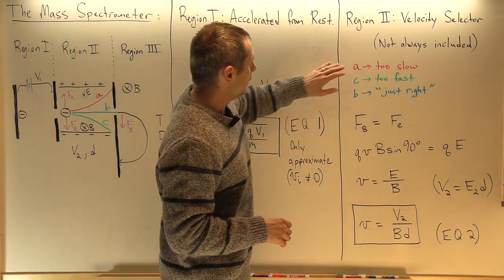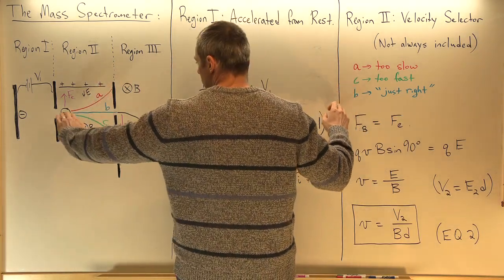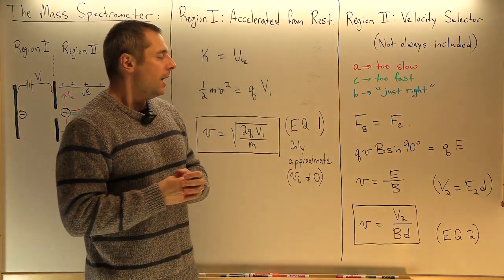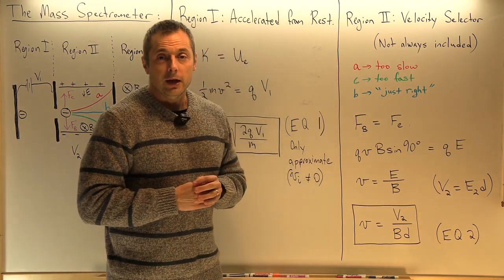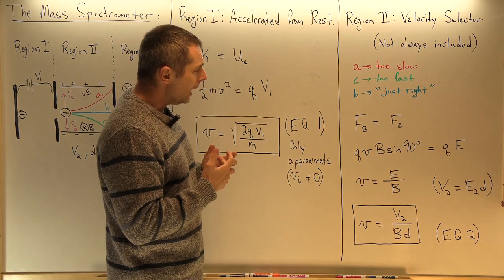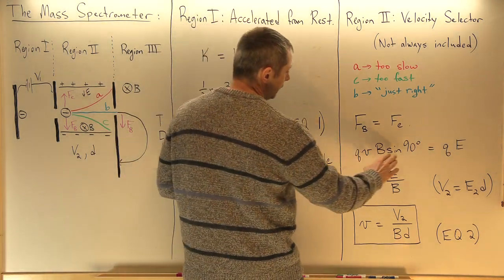So I put the notes here of what I explained before. Particle A too slow, this one too fast, and this one, quote, just right. What do we mean by just right? We have the 2 forces balance, and so that's constant velocity motion, 0 acceleration. And then we fill in the pieces of what these forces are. The magnetic force is QVB sine theta.